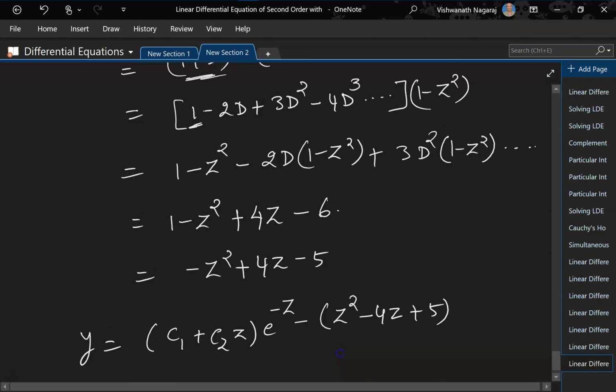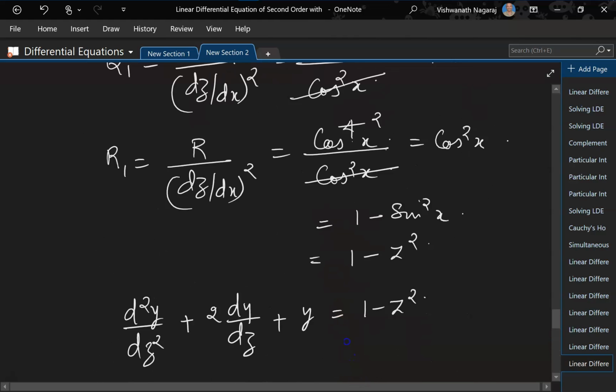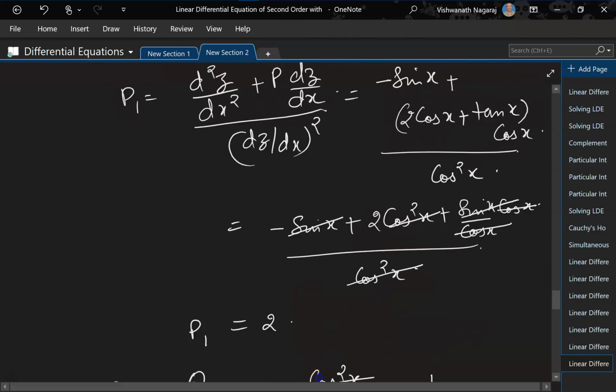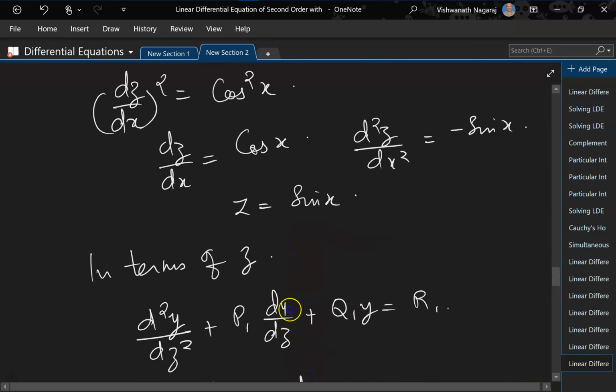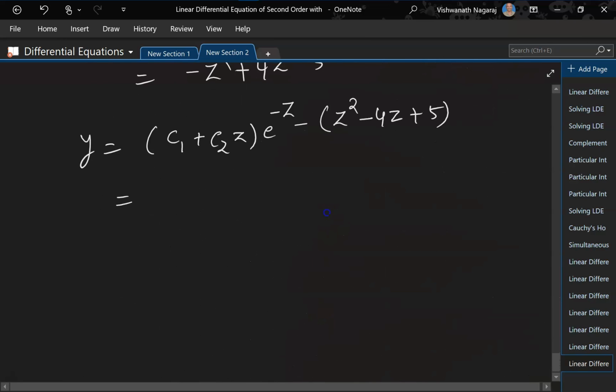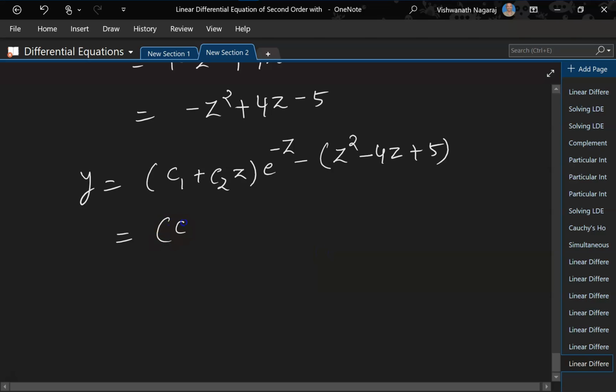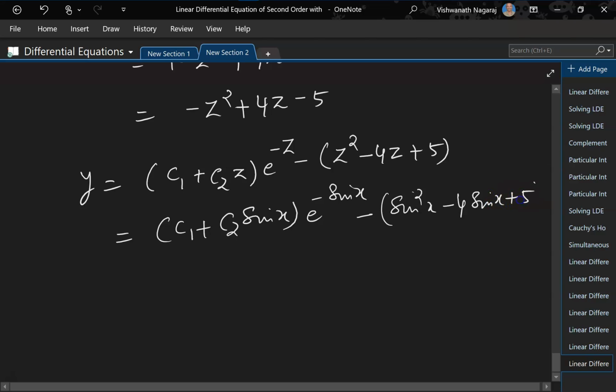Z is sin x. So (c1 plus c2 sin x) e to the power of minus sin x minus (sin² x minus 4 sin x plus 5). So that is the solution.